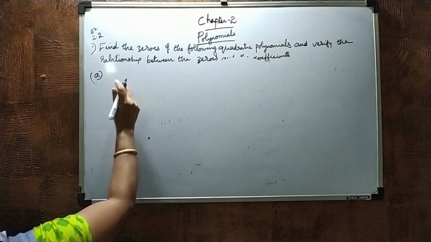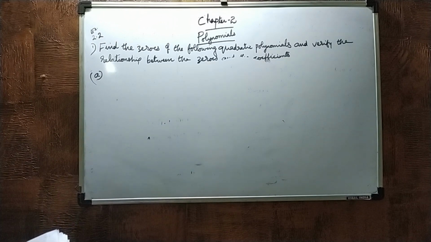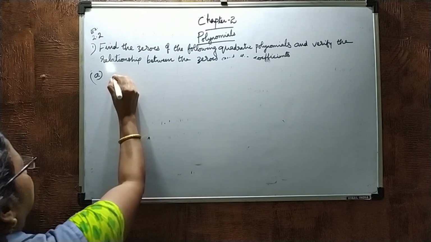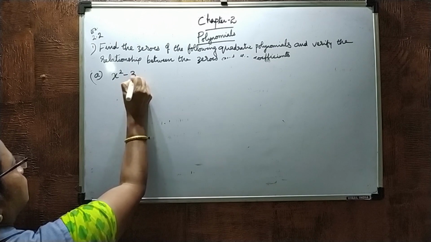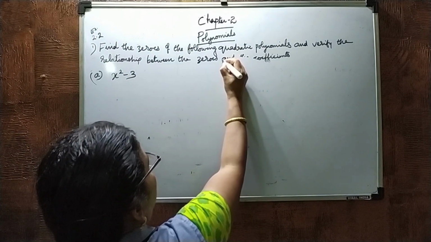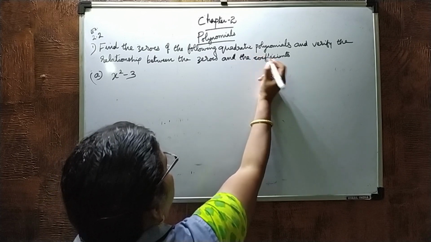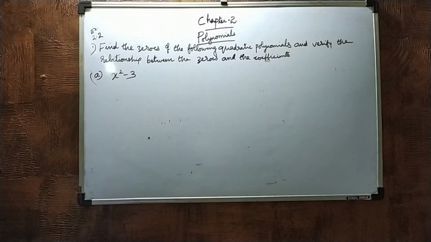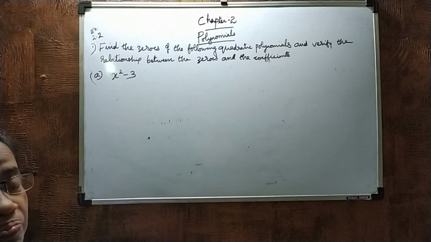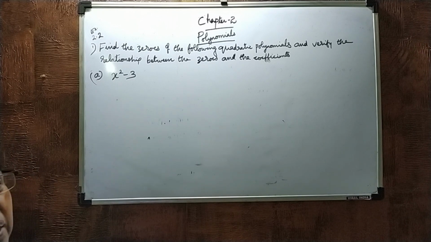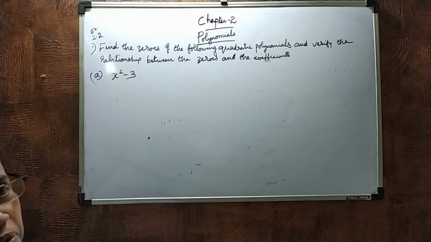Find the zeros of x square minus 3. This is the question. So this one also you have to find by splitting the middle term, but that is not possible. Otherwise, one more better way is to make it as a plus b into a minus b.